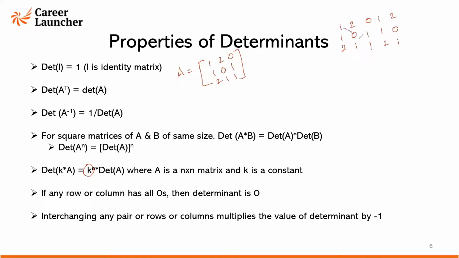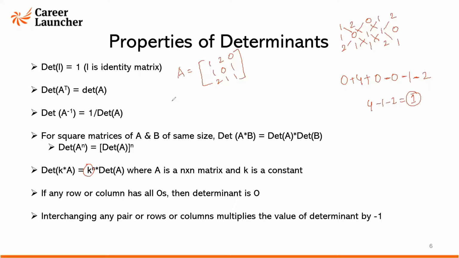So I want the product of these three, which is 0, plus the product of these three, which is 4, plus the product of these three, which is 0 again, minus this product, which is again 0, minus this product, which is 1 into 1 into 1, 1, minus the third product, which is 1 into 1 into 2. So the net effect is 4 minus 1 minus 2, which is 1. This is my determinant of A.